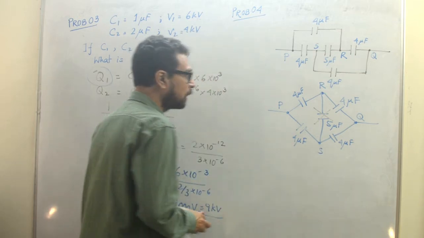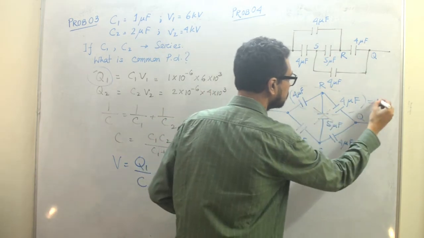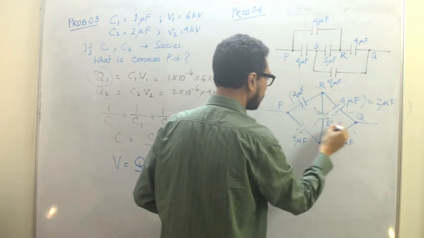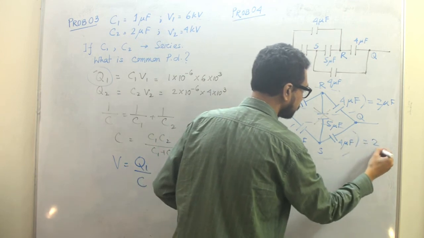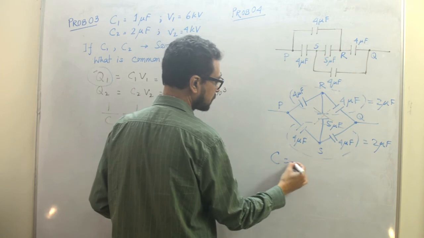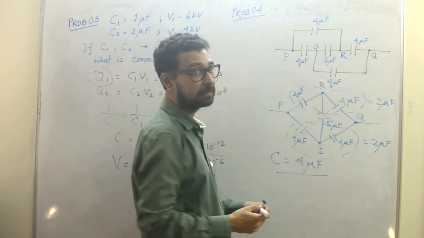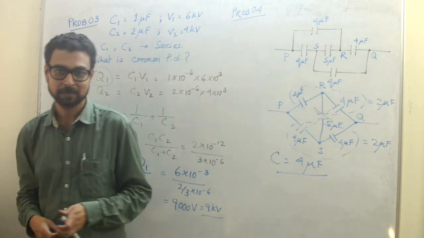So this converges to 2 mu f and this converges to 2 mu f, and finally they are in parallel. So the effective capacitance is 4 mu f altogether, and this will be the answer to this particular question.